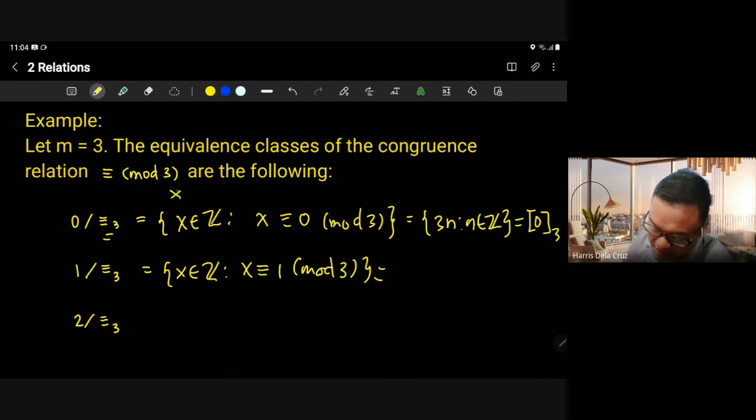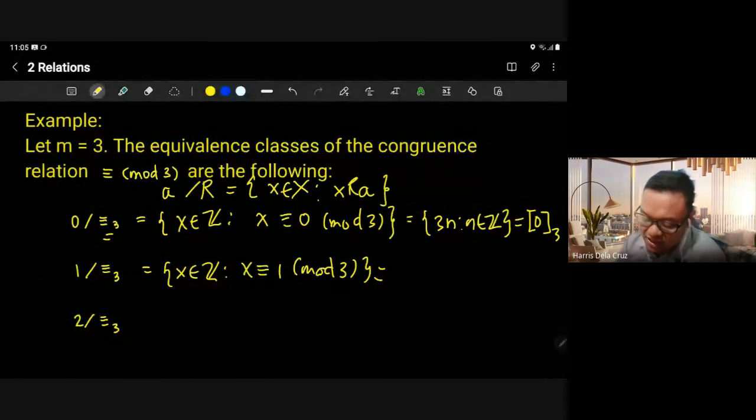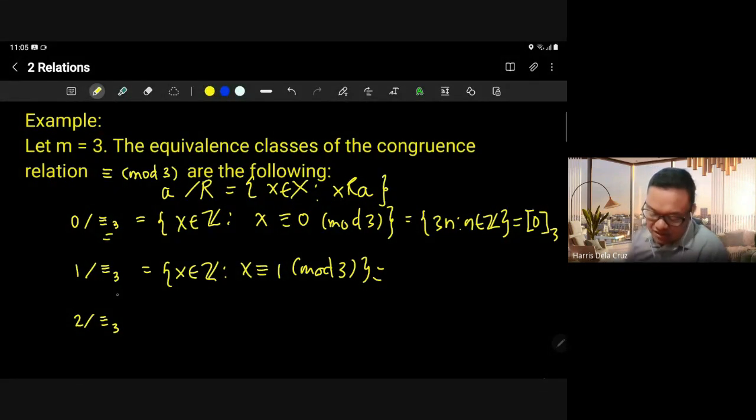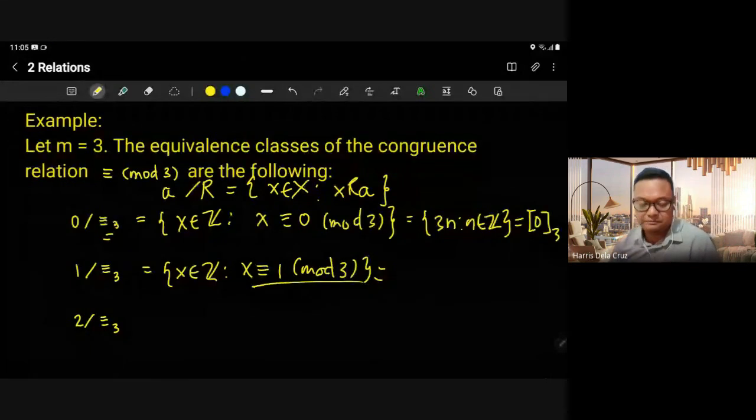Again, x over r is equal to, ginamit ko dito yung x, so gamit ko ito y, or a na lang, para hindi kayo malito. So, all x in capital X such that x is related to a. Yan. Yun yung iniipon mo. Yung r natin is defined by the modulo relation. So, ito yung definition ng r natin.